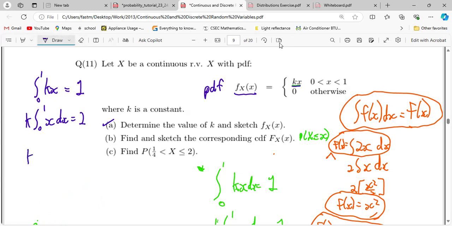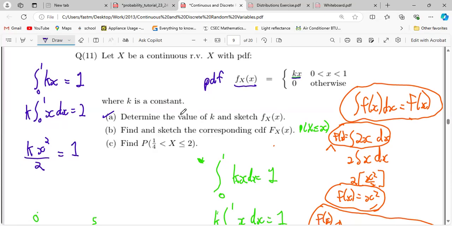So you end up with k times x squared on 2, and this is still going to equal 1.